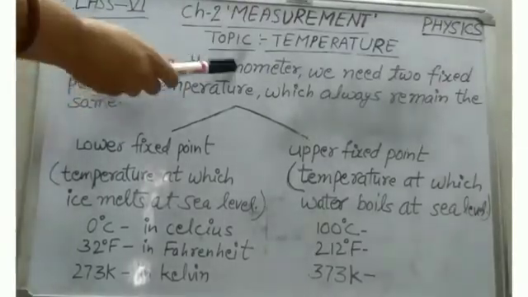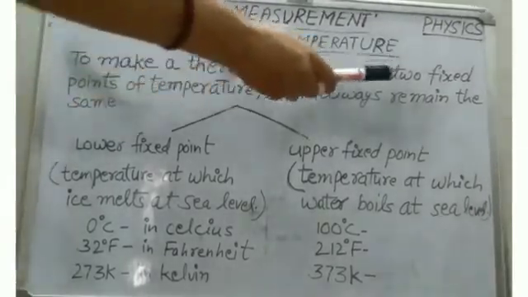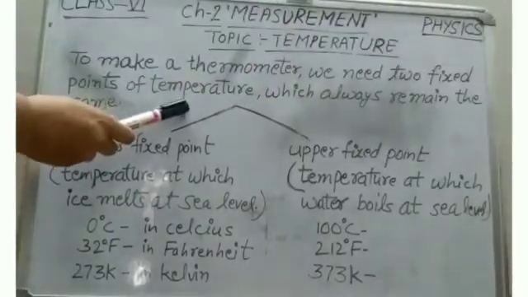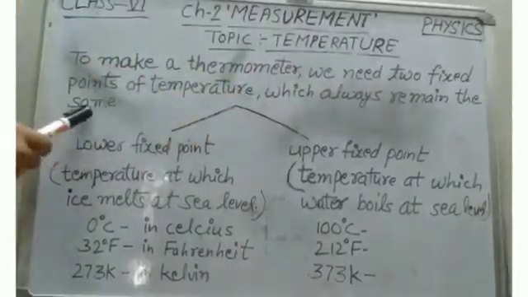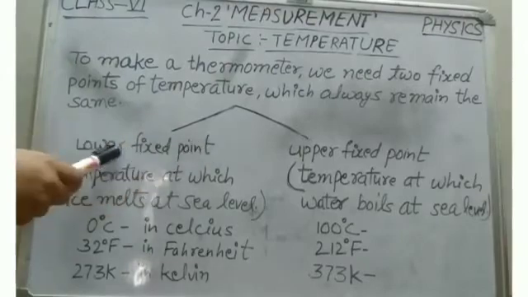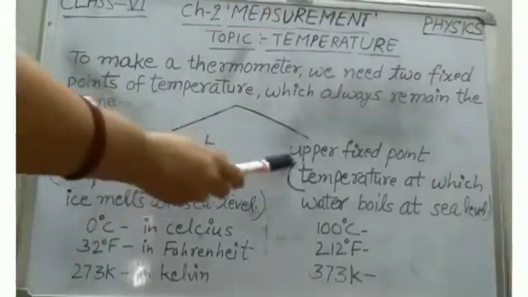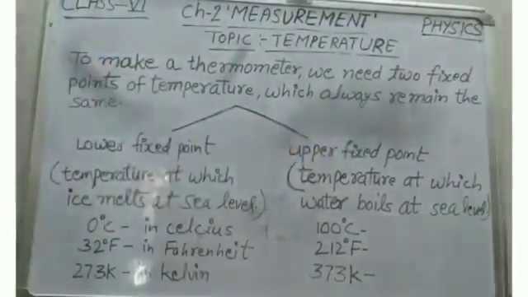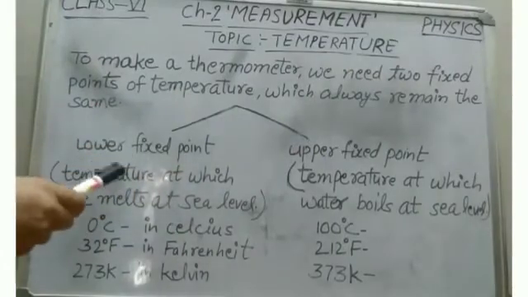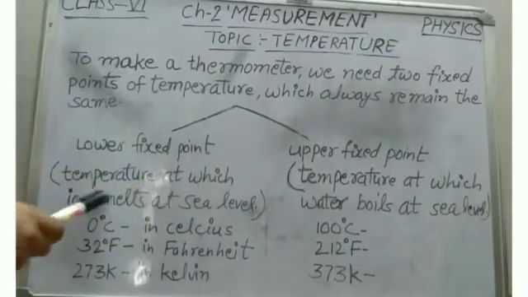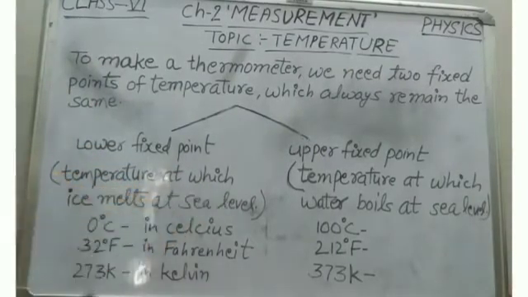To make a thermometer, we need two fixed points of temperature which always remain the same. The first one is the lower fixed point and the other one is the upper fixed point. The lower fixed point is the temperature at which ice melts at sea level.